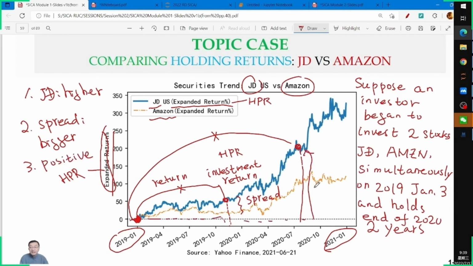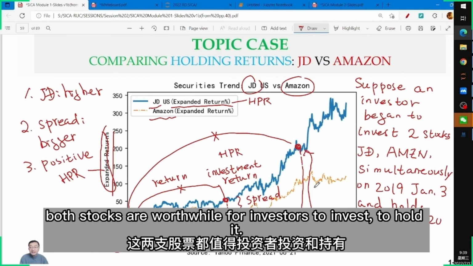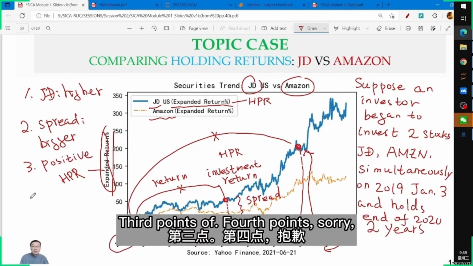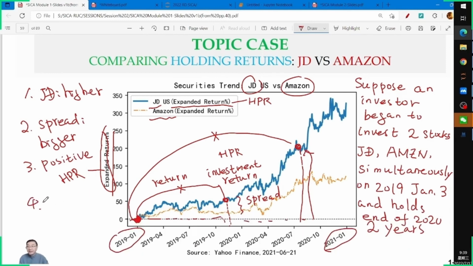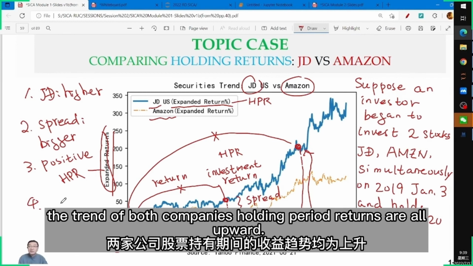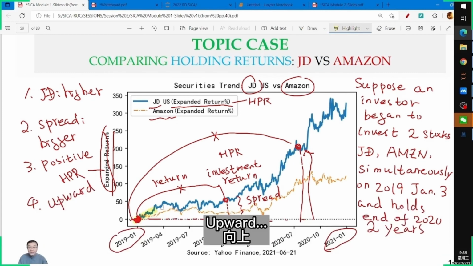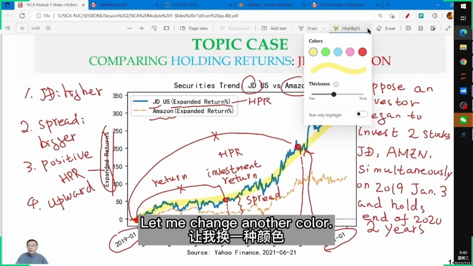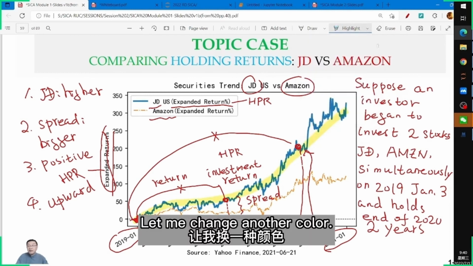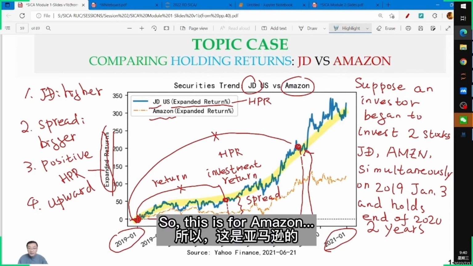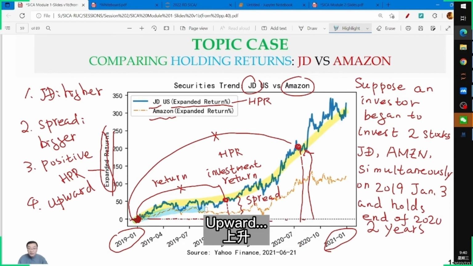That means both stocks are worthwhile for investors to invest in, to hold. Fourth point, the trends of both companies' holding period returns are upward. Let me change to another color. Okay. So this is for Amazon. Upward. Both upward.